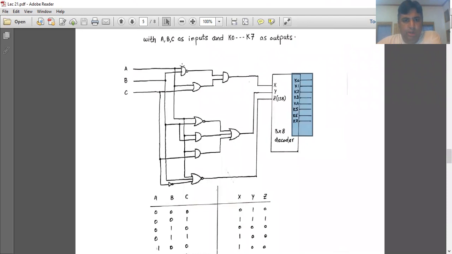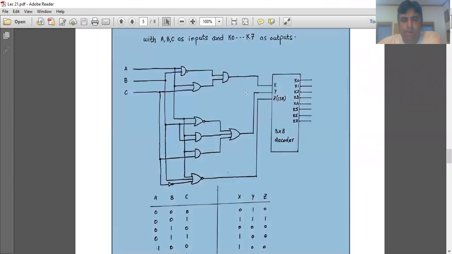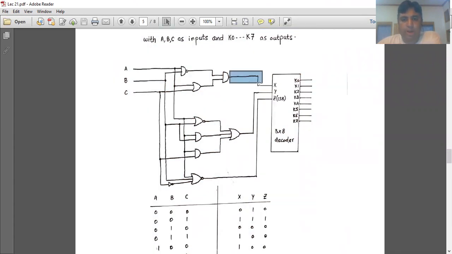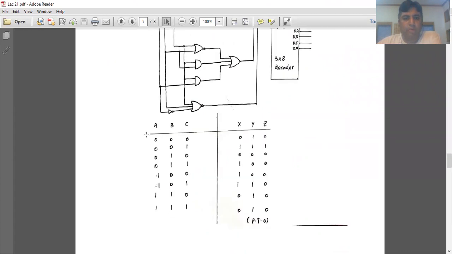First of all, X is coming from the output of this AND gate, and this AND gate has two inputs, one coming from here and one from here. This NAND gate has two inputs, one is A and the other is B. So first you see what happens for the 8 combinations of ABC: 4 zeros, 4 ones, and 0011 and 0101.